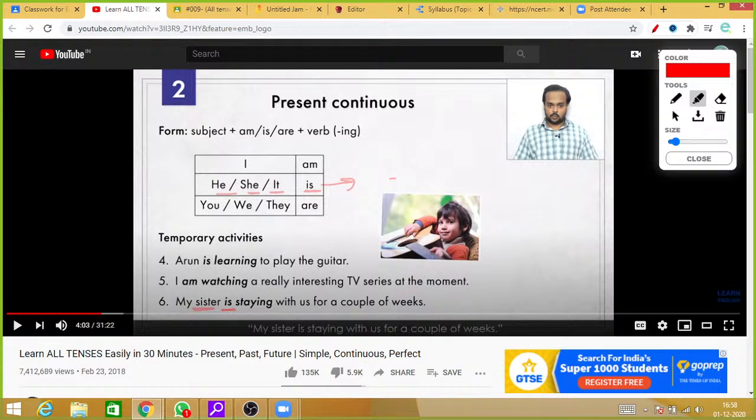If we were saying my sisters dash staying with us for a couple of weeks, what would we use? Then what would we put here? Fill in this blank. My sisters dash staying with us for a couple of weeks.